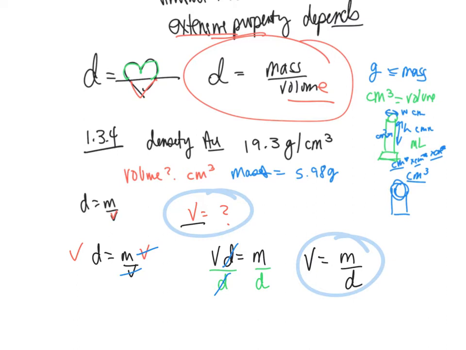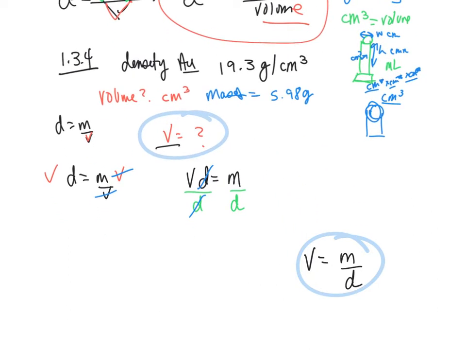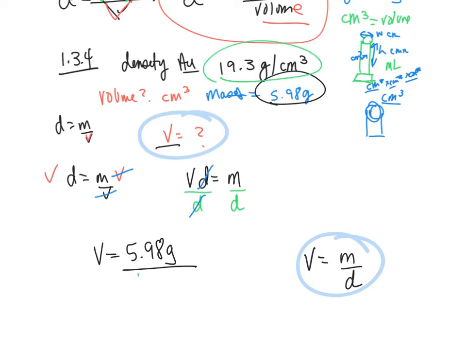We've isolated the variable, and then we can plug and chug. So now we say volume equals, what's the mass? The mass is 5.98 grams, and we divide by the density, and the density here is 19.3 grams over centimeters cubed, and the grams will cancel out, and centimeters cubed will then be on top.